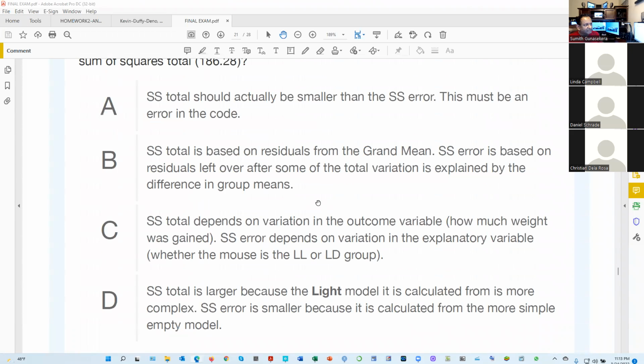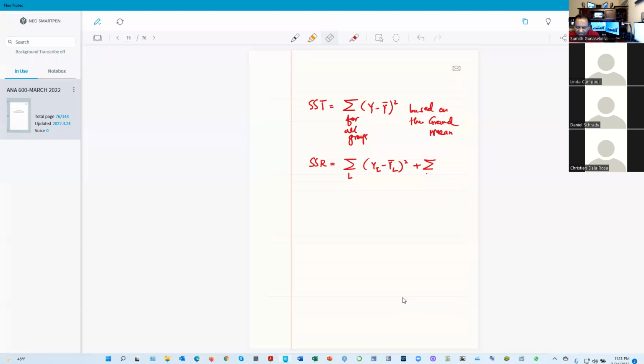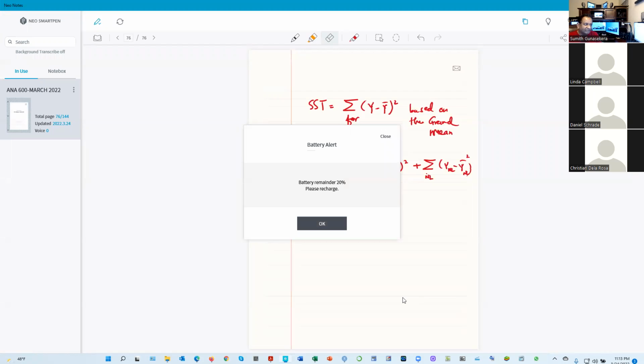So this one for the light group, this one for the no light group. Y NL minus Y bar, NL squared. Then SS error is what? SST minus SSR. So that's why it's low.